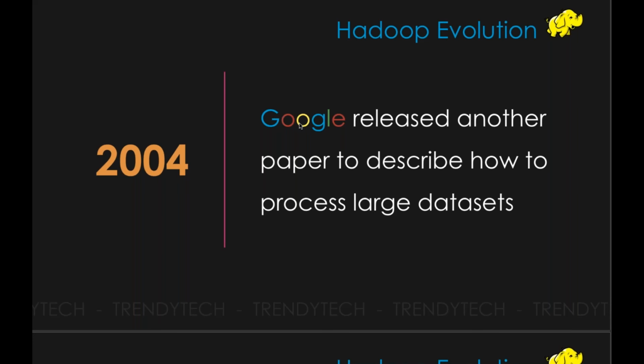So they gave an idea of how to process data when it is stored on many machines. Your traditional programming models only work when data is stored on a single machine. Since data is now on multiple machines, they do not work, and a new programming model was required, and that is what they gave in the year 2004.